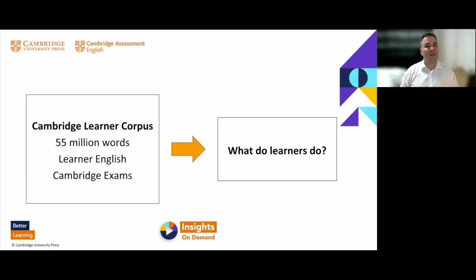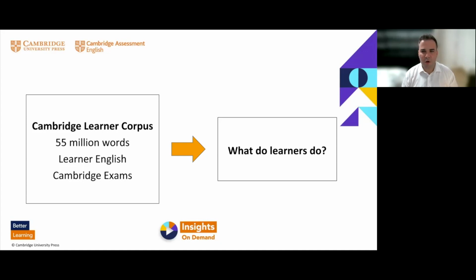So, as we heard in the video, a corpus is a huge collection of text that we can analyze to find out how language behaves. It's about data and evidence. We use it to check and validate our intuitions and to find out new things about language that perhaps we didn't know.